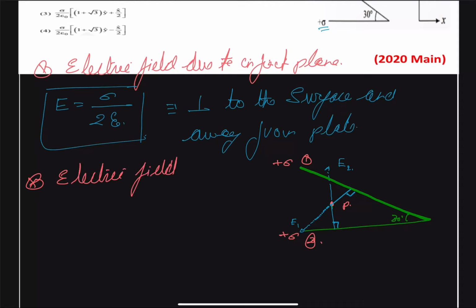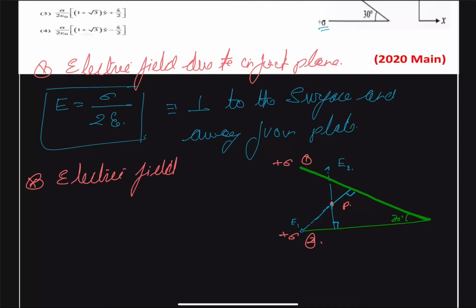So angle A plus angle B plus angle C is 180, and we know angle A is 90, angle B is 30, so angle C will be equal to 60.